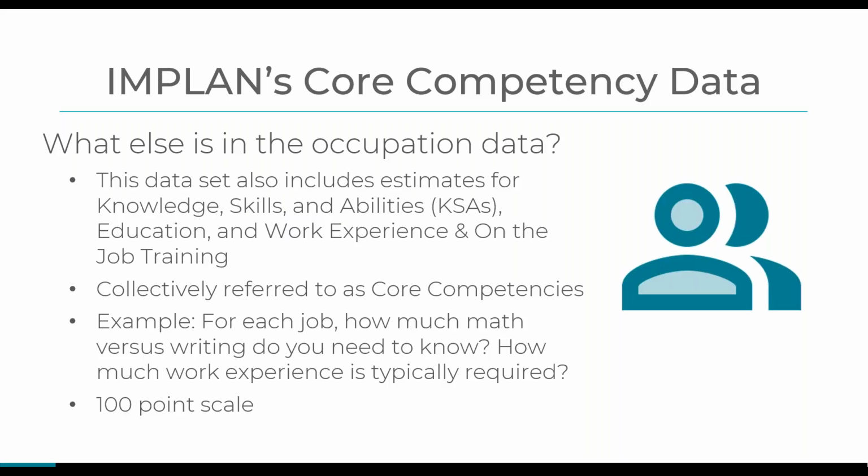So essentially, every occupation has 100 allotted points that can be split up into these different elements. Each of the 5 categories listed here, so knowledge, skills, abilities, education, and then work experience and on-the-job training, can hold up to its own 100 points.